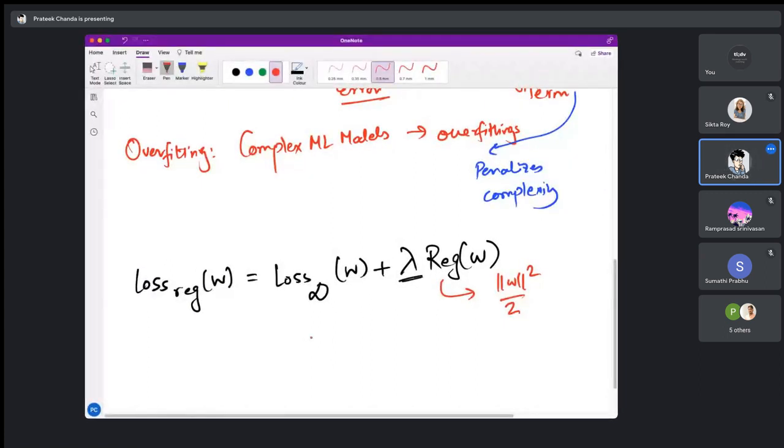And what do we mean by this? One probable function is the norm of W squared by 2, which we saw. We can have different functions of W: it can be W squared, or just the norm of W, or it can be anything to the power k.